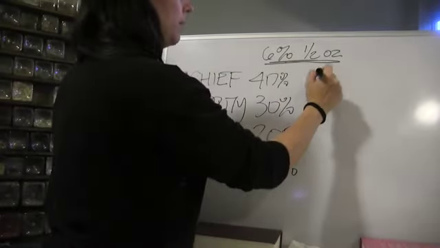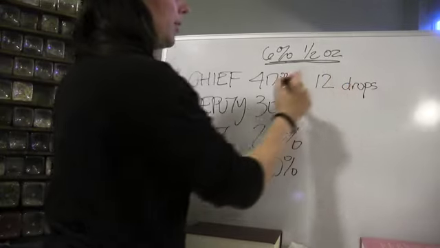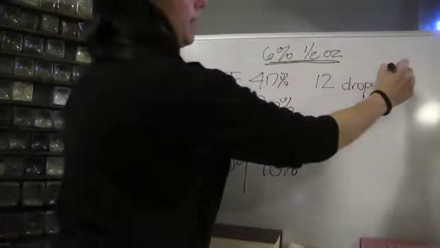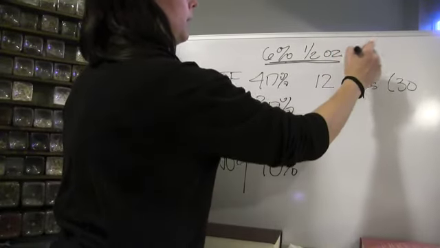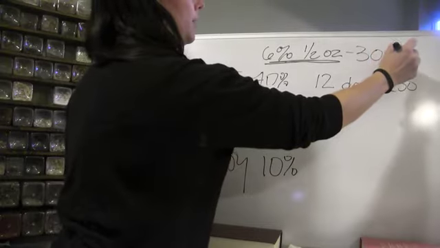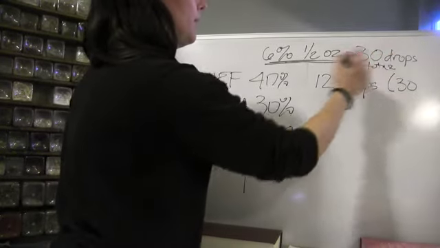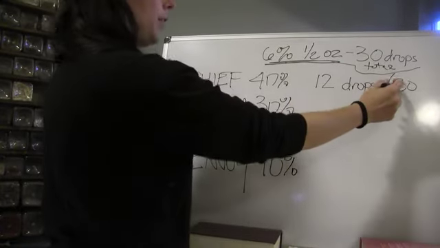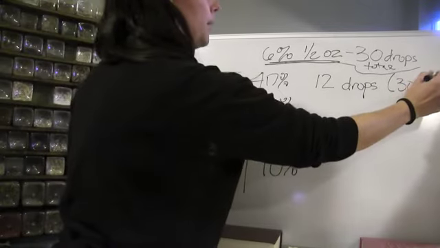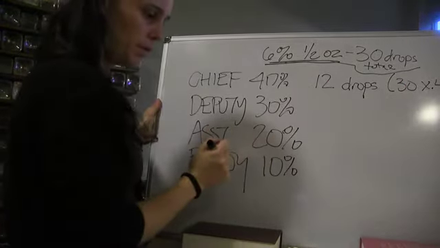The chief would be 12 drops of your chief oil, and the math there is 30, because remember we're doing 30 drops because we're doing 6%, so we're doing 30 drops total for 6% of a half ounce. So 30 drops times 0.4 for 40%, the math comes out to 12 drops.